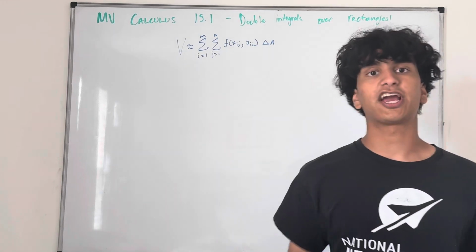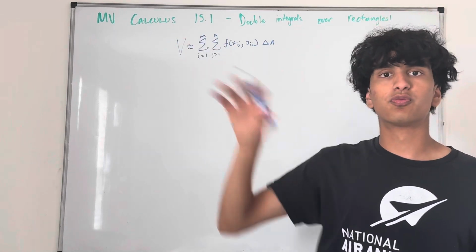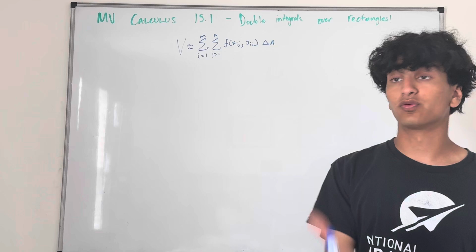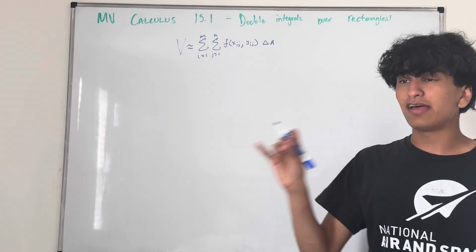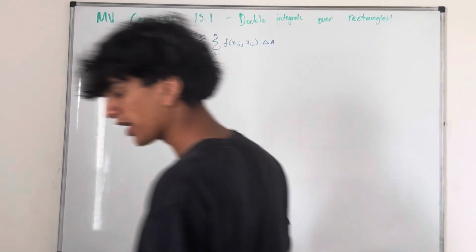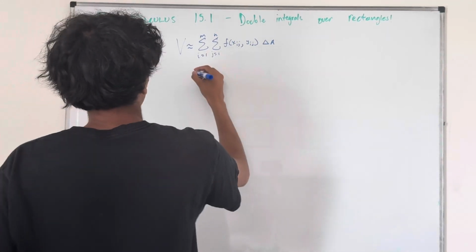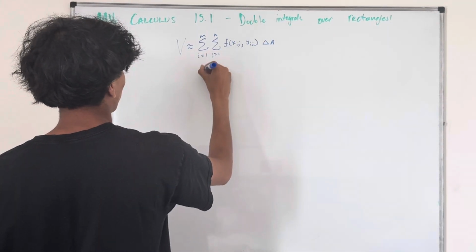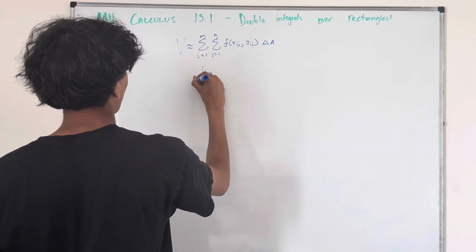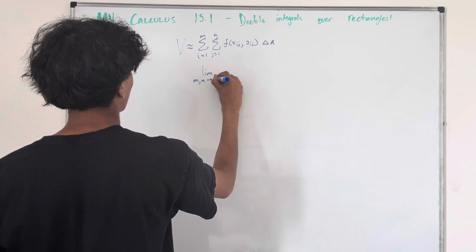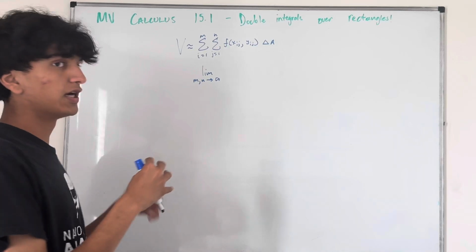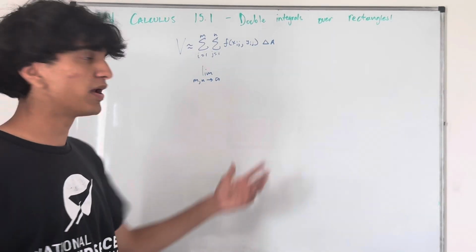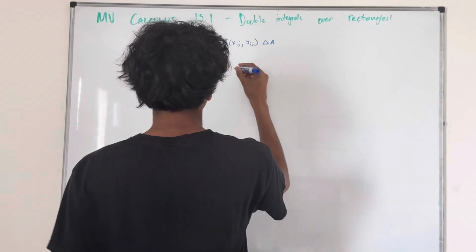So you get a more accurate answer because you can go through more points on your actual function, right? So the best is, what happens if we take the limit as both m and n approach infinity? What happens if you make as many rows and columns as possible?